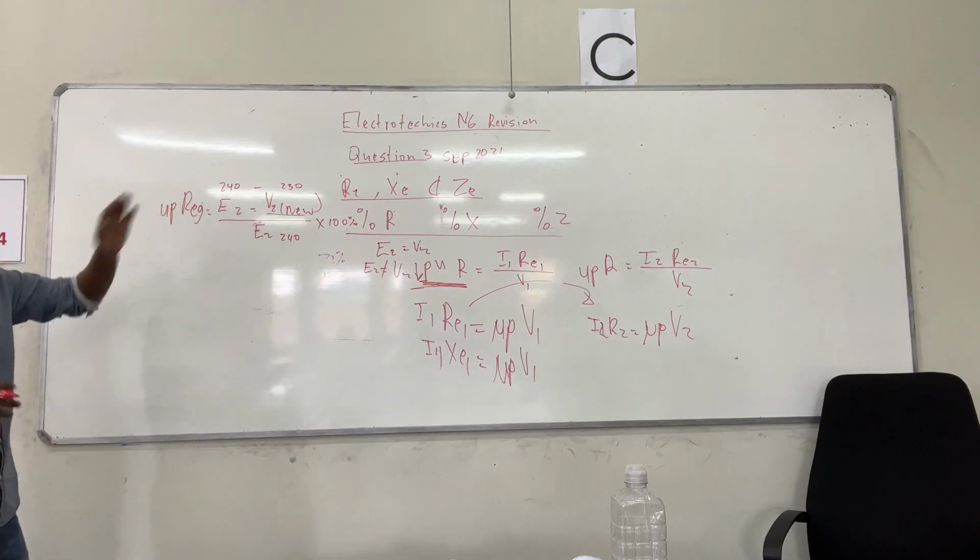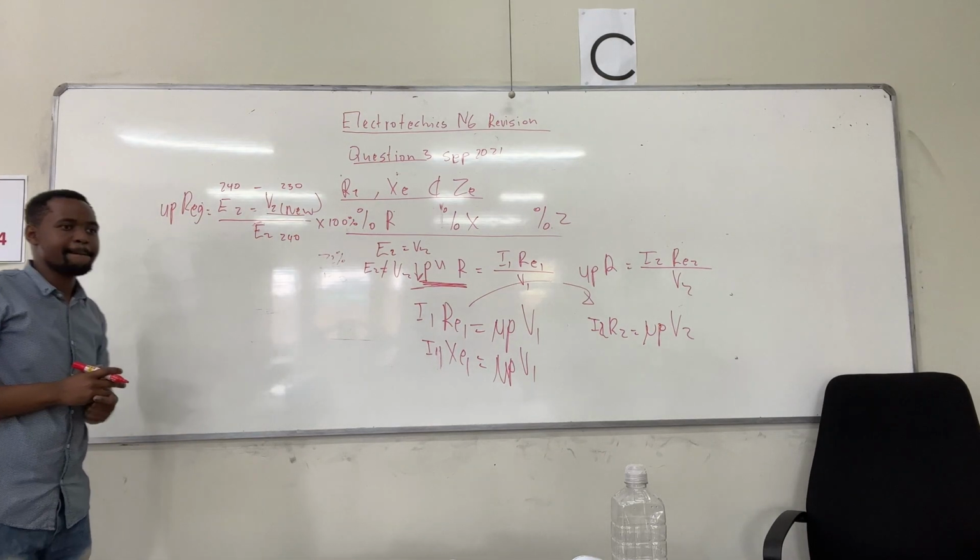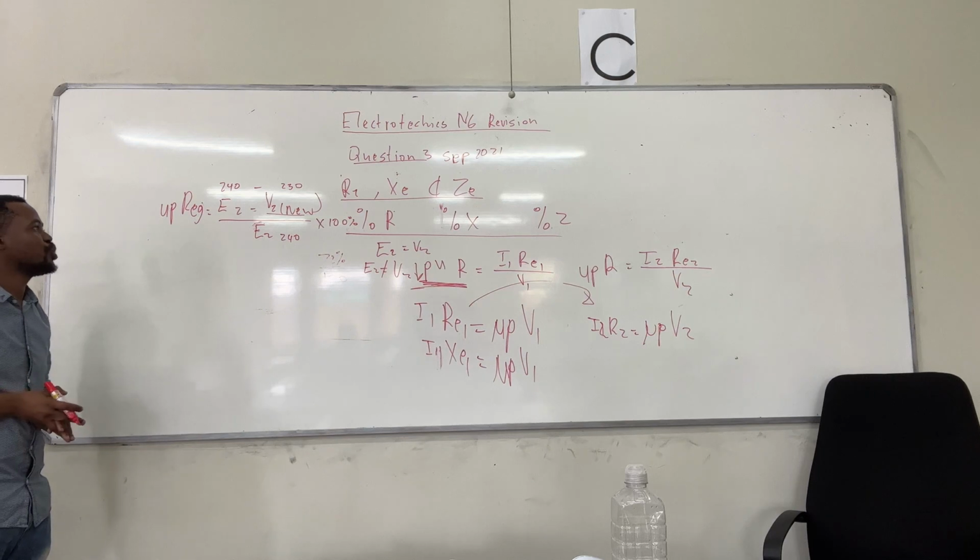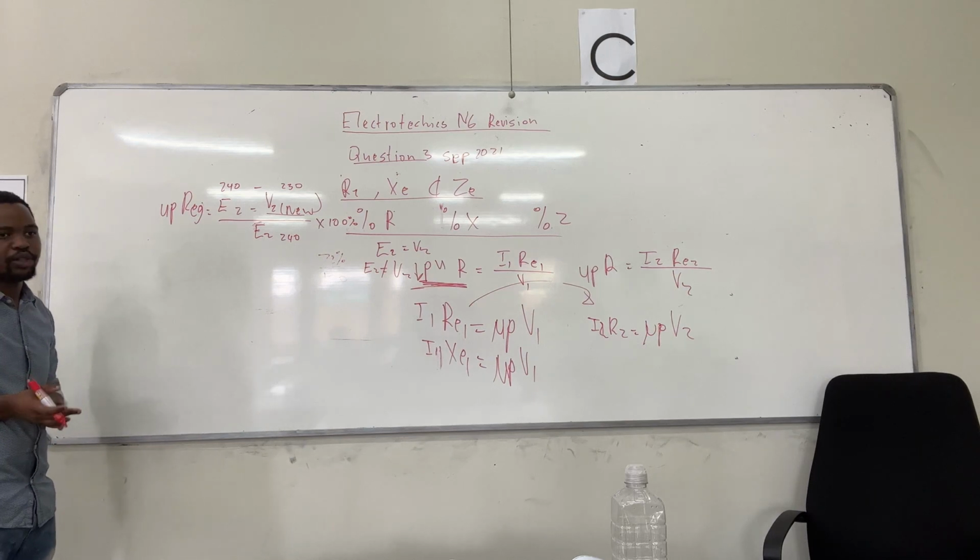Can I punch that into a calculator? 240 minus 230 over 240 times 100.